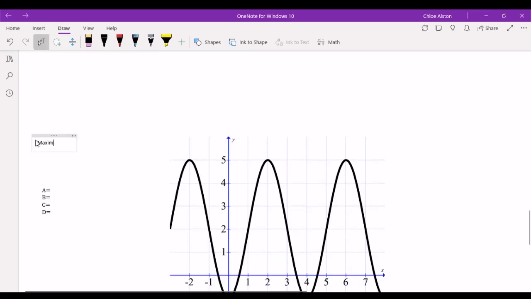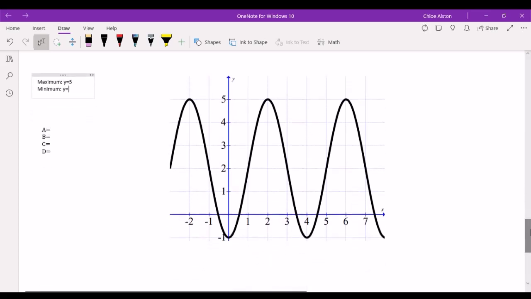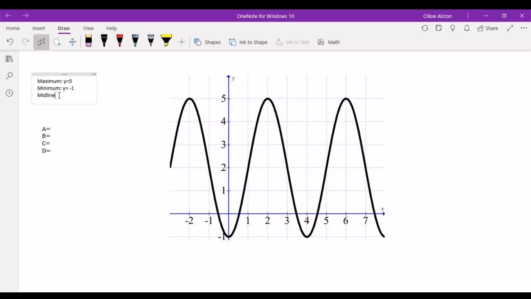Our maximum is at y equals 5. Our minimum is at y equals -1. And our midline is at y.